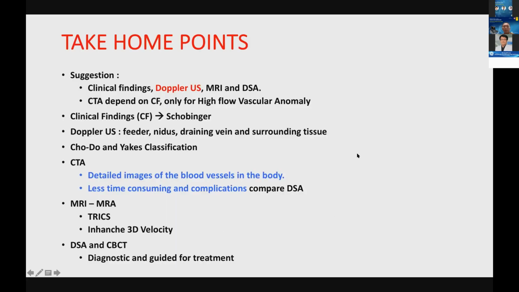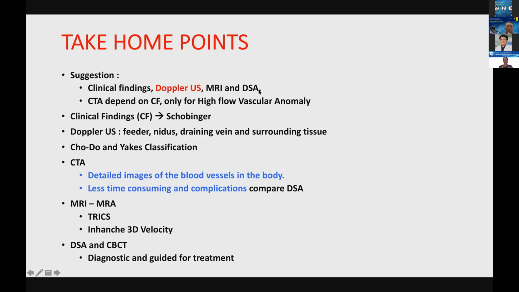Take-home points. Our suggestion: clinical findings are the first important thing. The second line to diagnose a vascular anomaly, we use Doppler ultrasound. And if we want to see the extensive extension of the lesion, we can do an MR study or MRA.